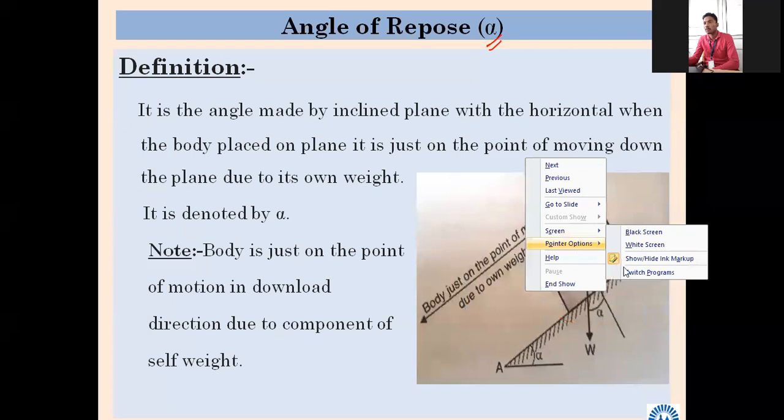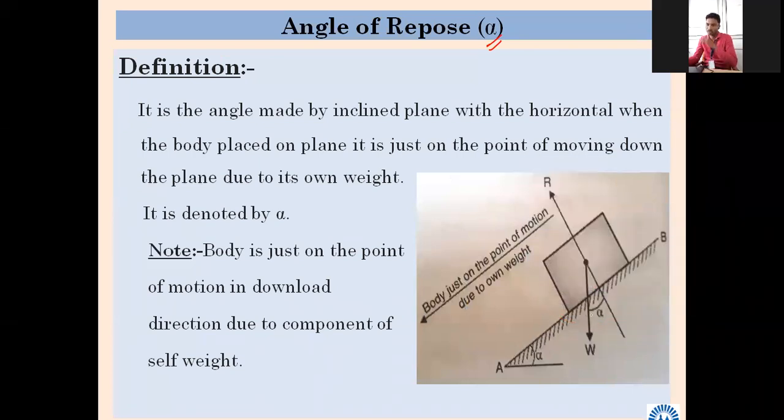Now, I have told you one of the concepts. If the angle made by the inclined surface is equal to what? This angle is alpha. So this angle alpha will be equal to what?